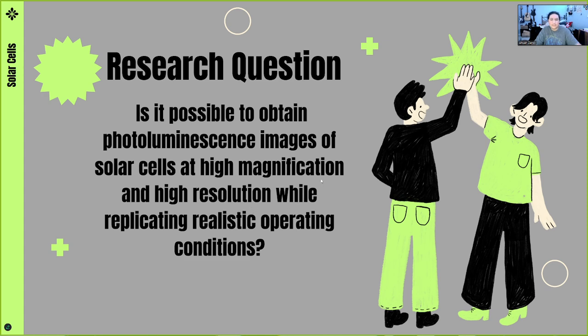For high magnification, it would be anywhere from 50 to 150x. For high resolution, our camera is a little bit over 4K. And then for realistic operating conditions, we use a solar cell simulator to simulate the sun's wavelengths to ensure that our cell is basically no different from a cell in its actual operating conditions, which is outside in the sun.